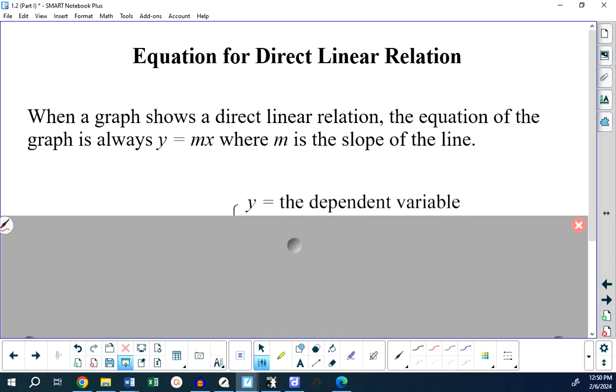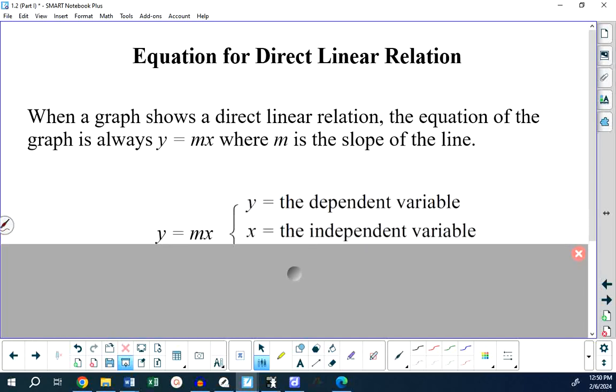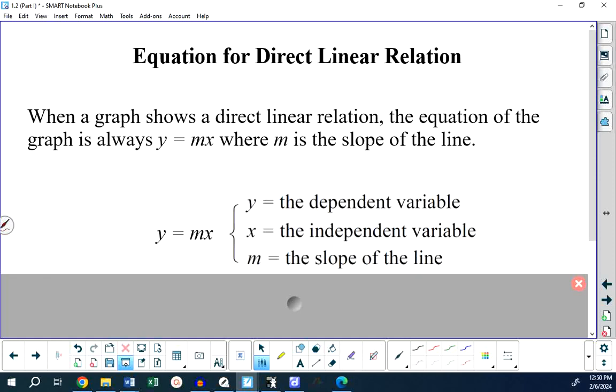In our example, it was cost. X is the independent variable. In our example, that was time. And m is the slope of the line. What we're moving towards here is not having to use a table of values and not having to use a graph to answer questions. We're working towards using an equation.